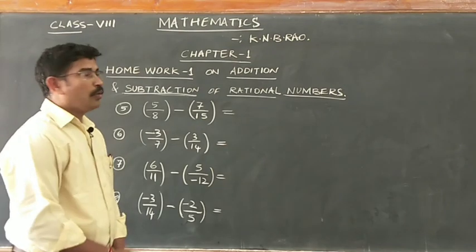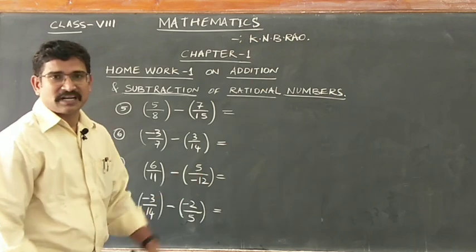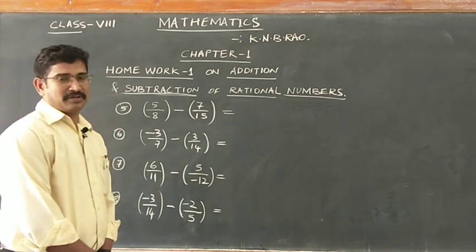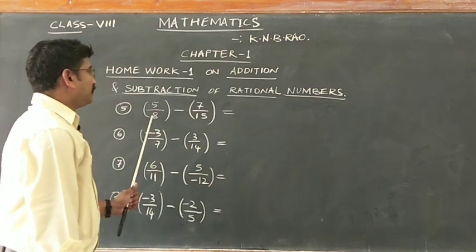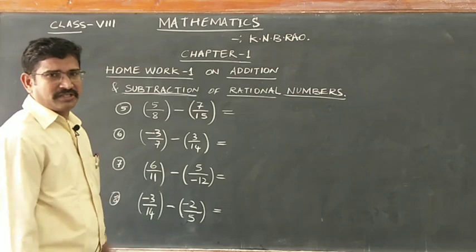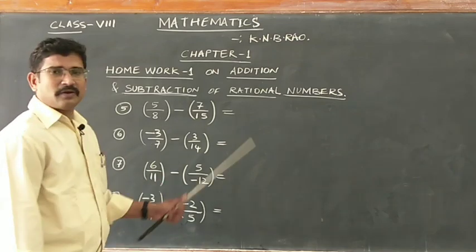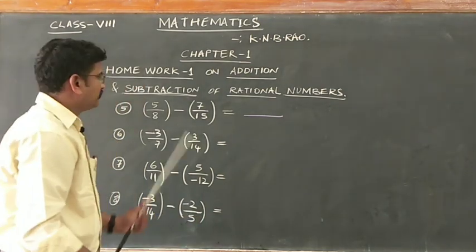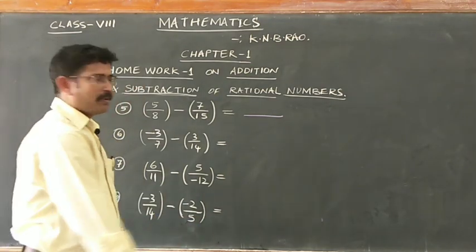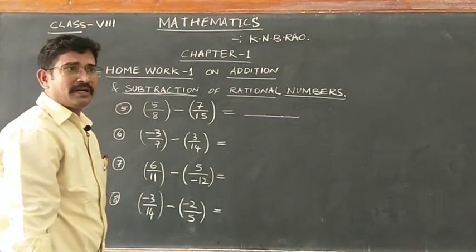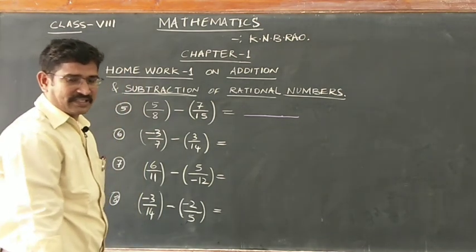Now, children, we will see subtraction of rational numbers. 4 questions I have given on subtraction of rational numbers. In them, the first question, that is, in order the 5th question, is 5 by 8 minus 7 by 15. While doing subtraction, again the same, the LCM of denominators 8 and 15. What is the LCM of 15 and 8? It is 120.